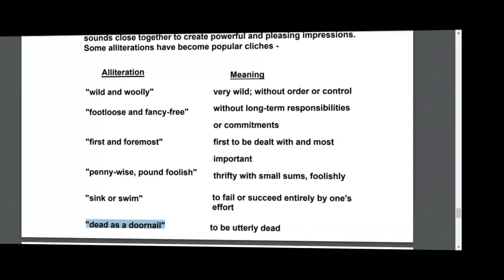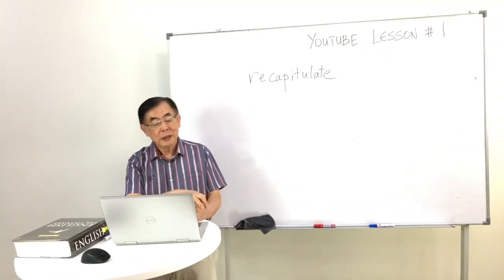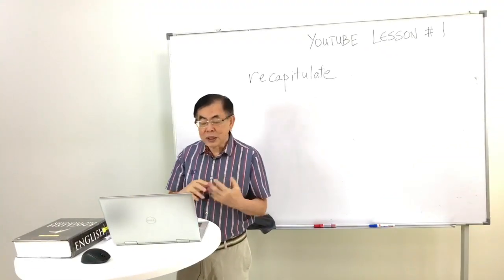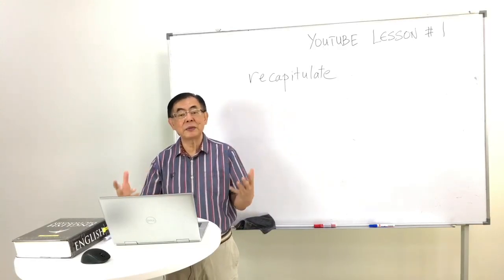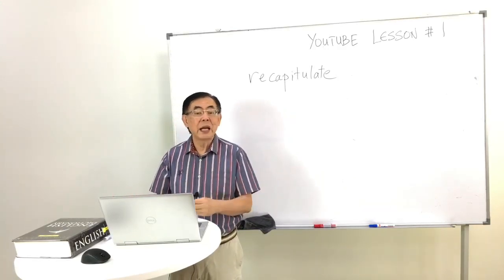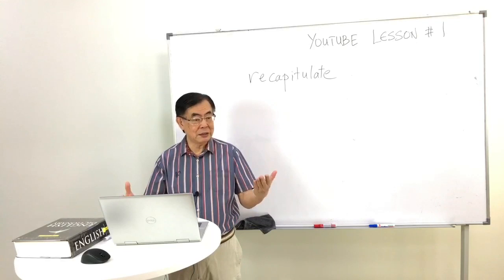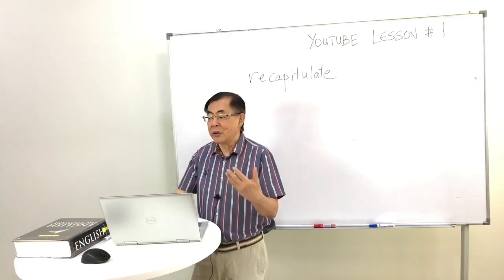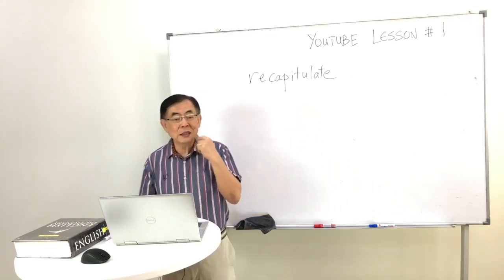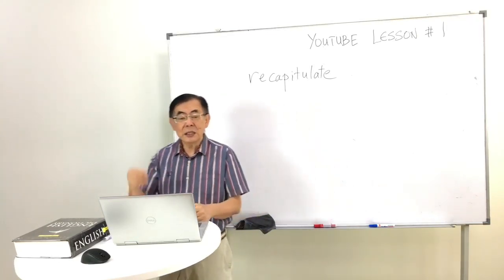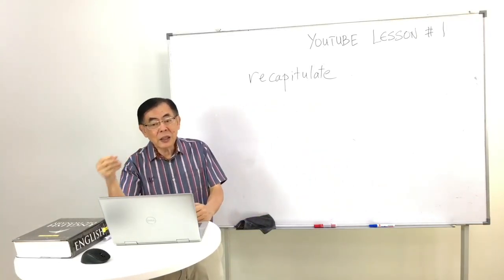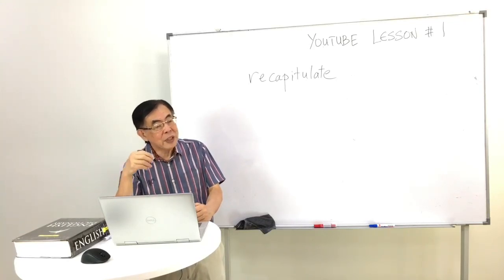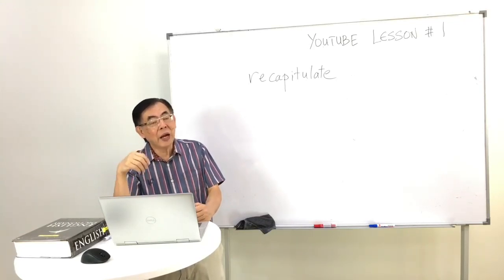Now I have this exercise for you. It is important that we learn some of these words and phrases, and when we have to write, whether in your letters or in your essays or in your articles for magazines, it is a good thing to sprinkle some of these expressions in your writing tasks.